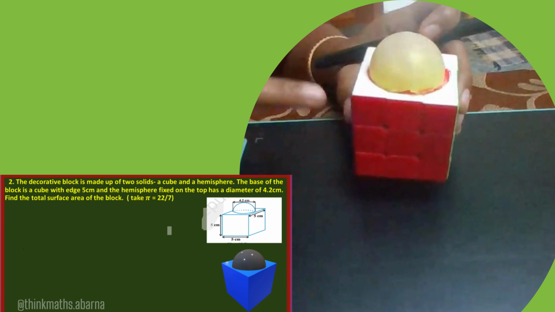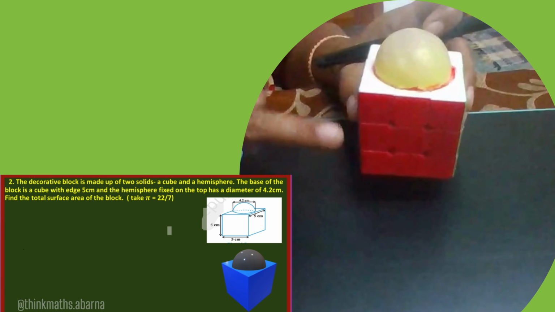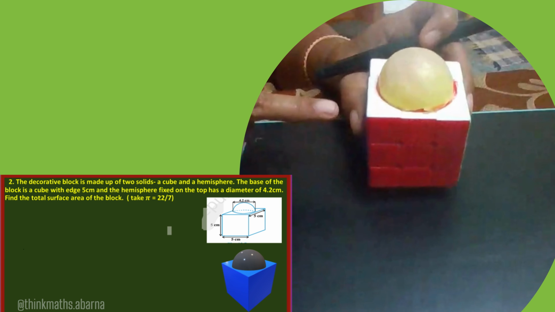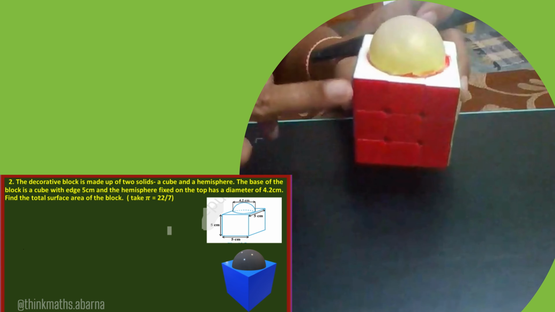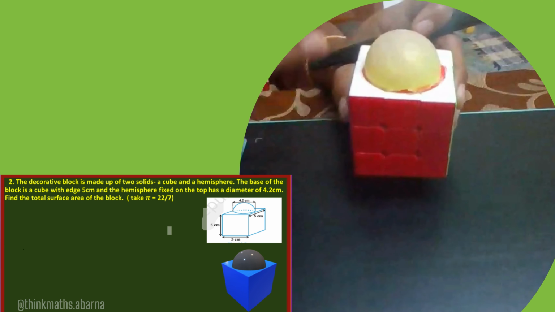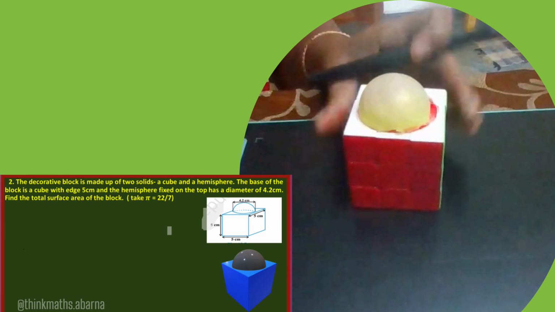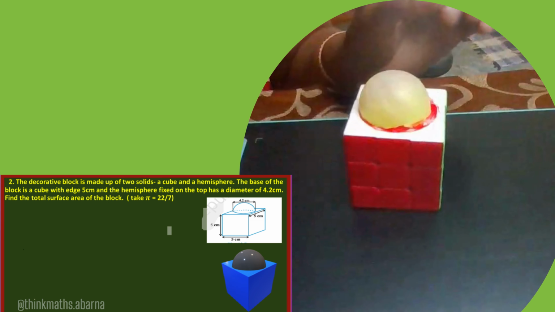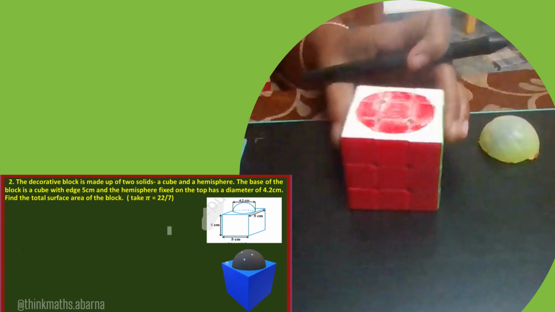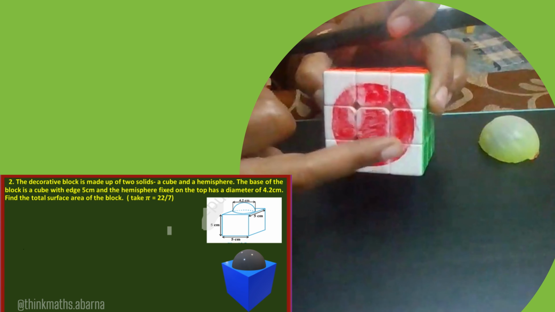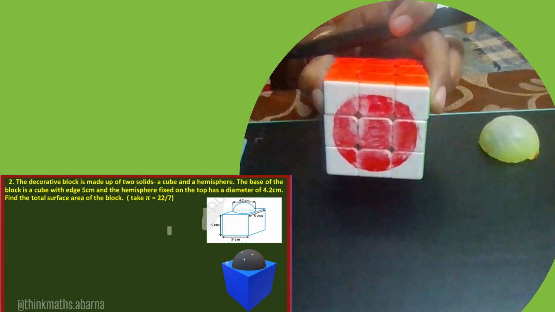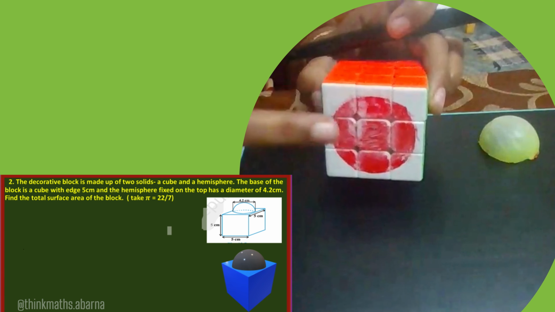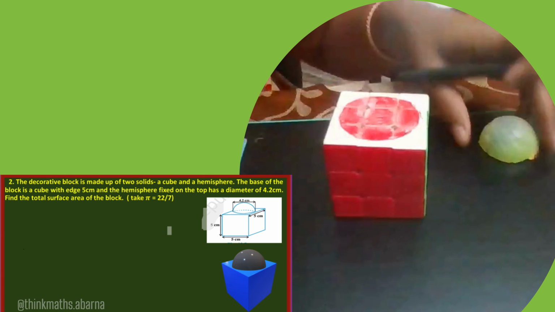Okay, children. Now we can find out the total surface area of the cube using the formula 6 into edge square. So edge is 5 centimeter. So what is remaining? It is the hemisphere. If you place this hemisphere on top, what happens? This is the base area of the hemisphere, and this base area will not be included in the cube, as it is hidden.